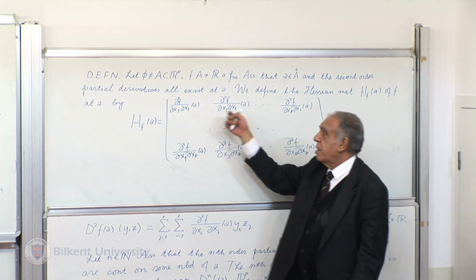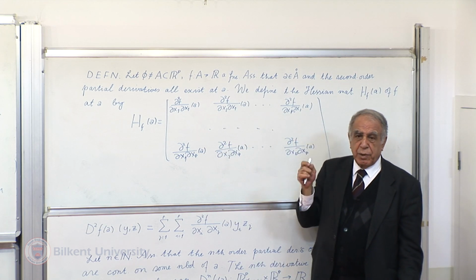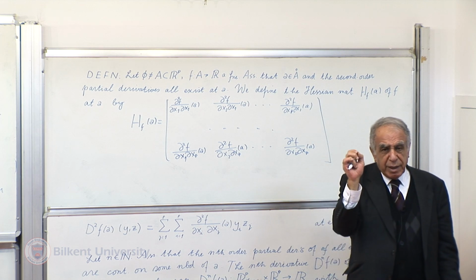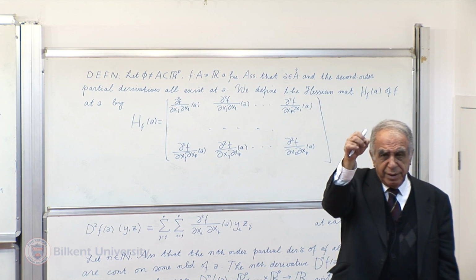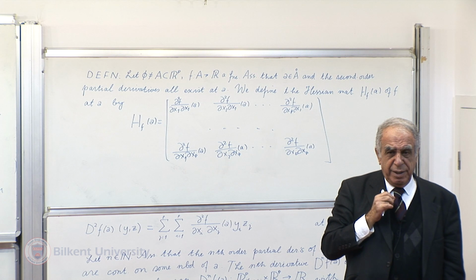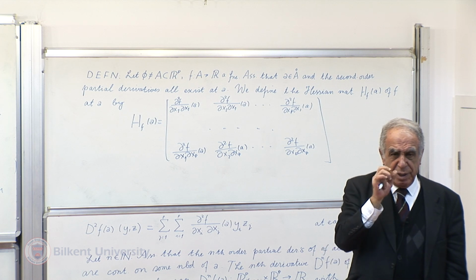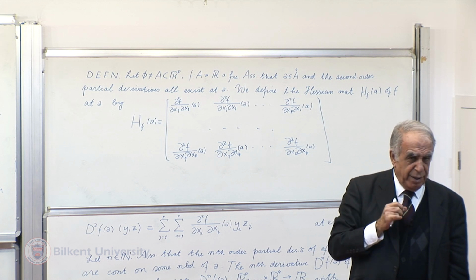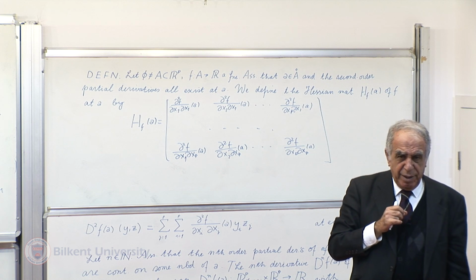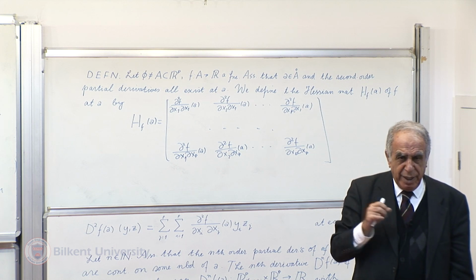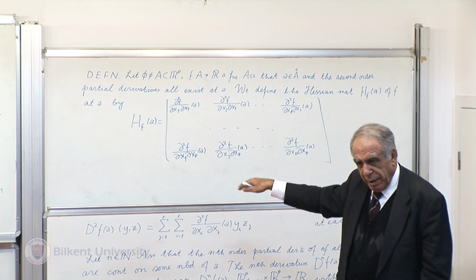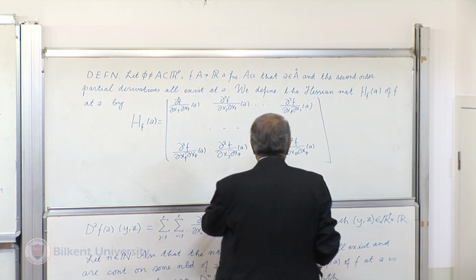So this is just the first row, the partial derivatives of the first component of the gradient, and the ith row, the partial derivatives of the ith component of the gradient.